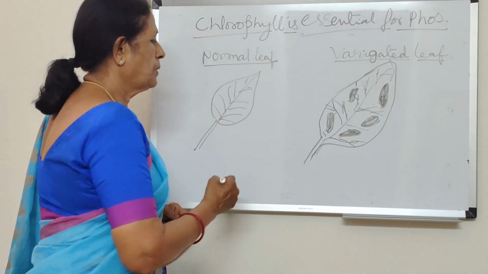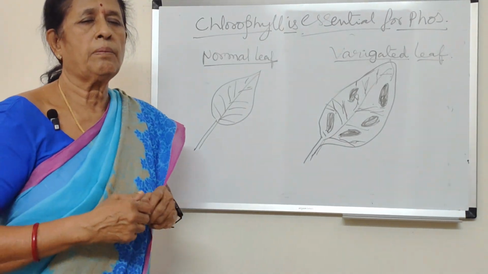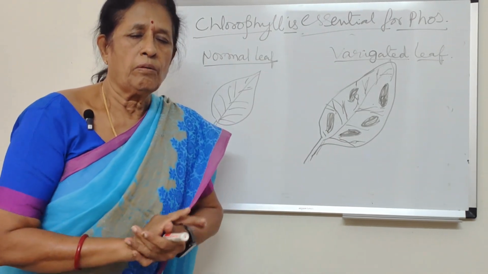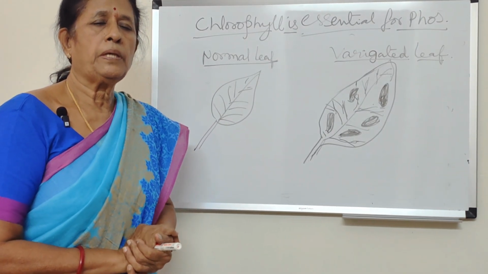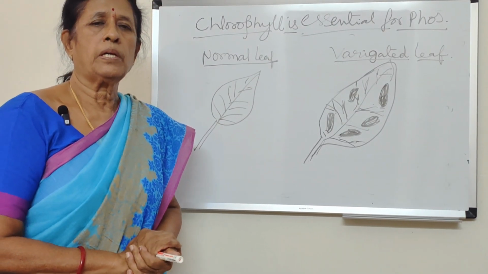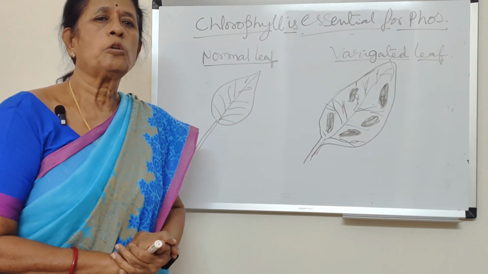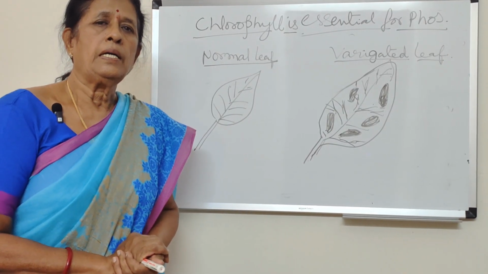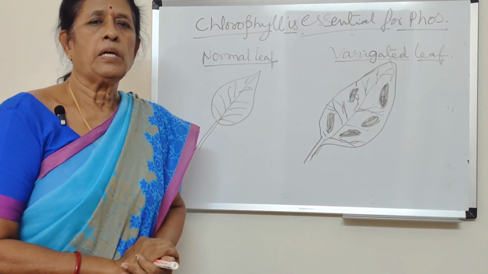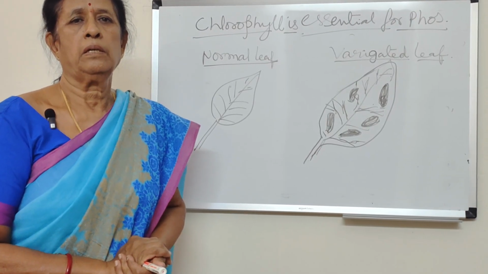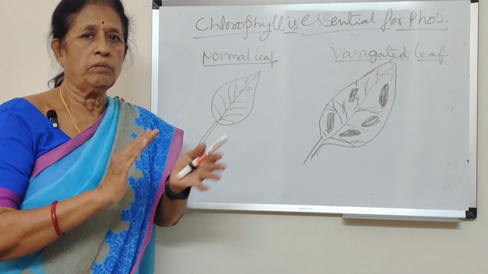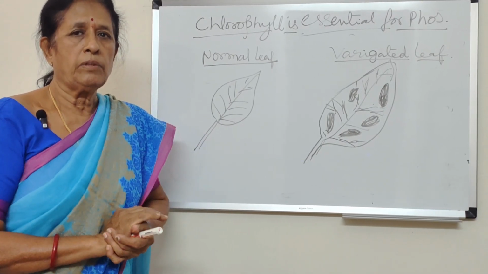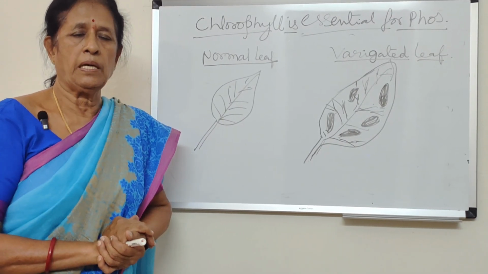There is also another experiment you can do. I am just telling it orally. Again we have to take a potted plant and keep it in a dark room for 3 to 4 days to de-starch the plant. On the day of the experiment we take out the plant, with a wide leaf lamina.